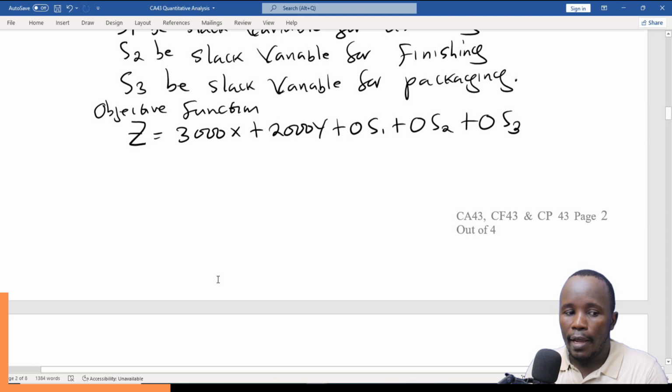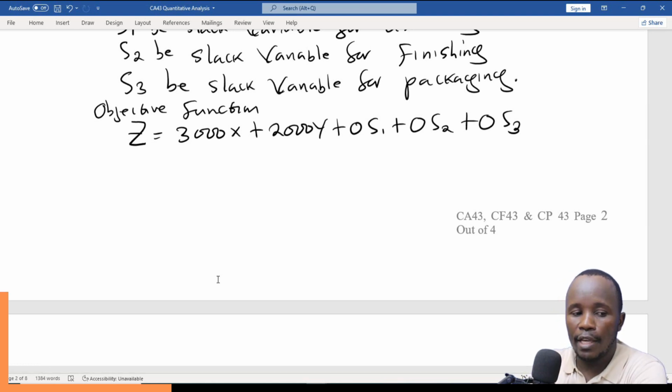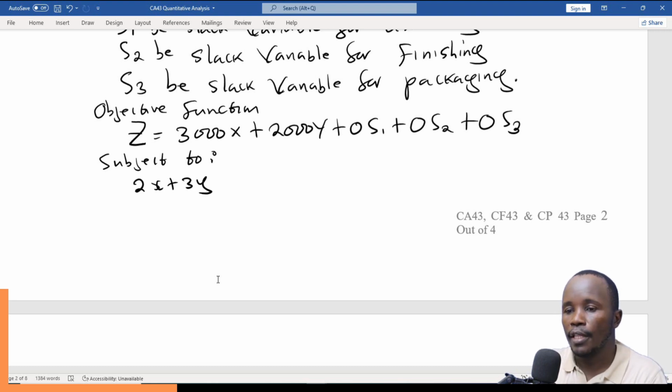That's why the slack variables here, they are 0. Now, the other equations: we shall have this Z objective function. It is subject to the following equation. Subject to the first one, we said 2x plus 3y is less or equals to 300.